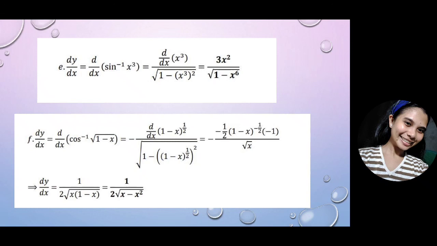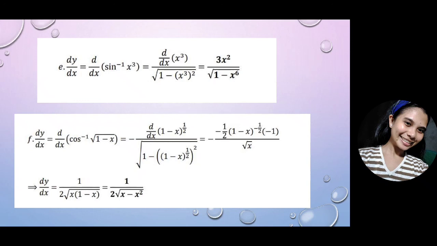Since we have a radical, the square root of 1 minus x, we have to transform it into exponential form, which will be 1 minus x raised to the power of 1/2.